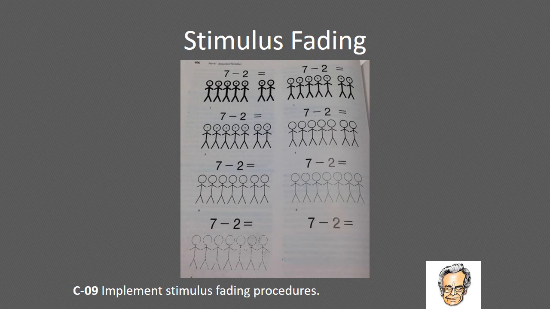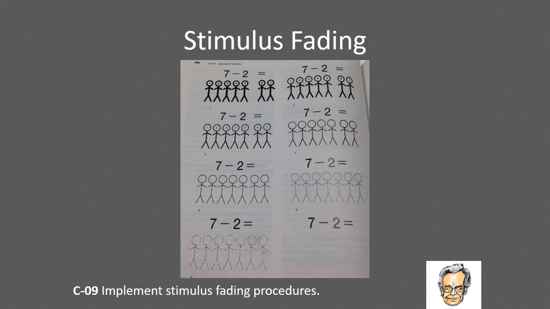There's a really good example of stimulus fading. We're teaching this individual how to do 7 minus 2. If you notice, there are people in the picture.